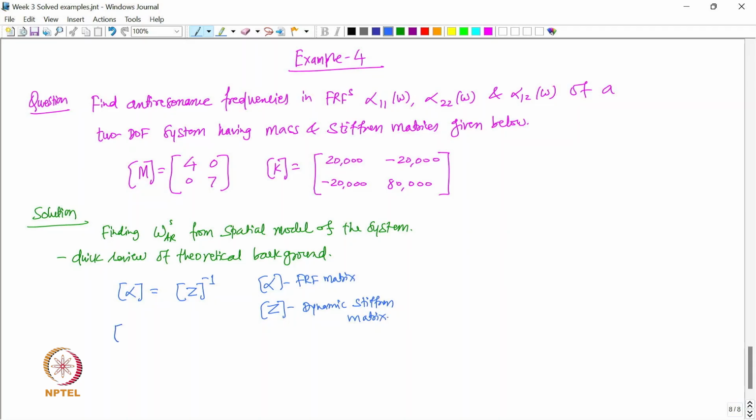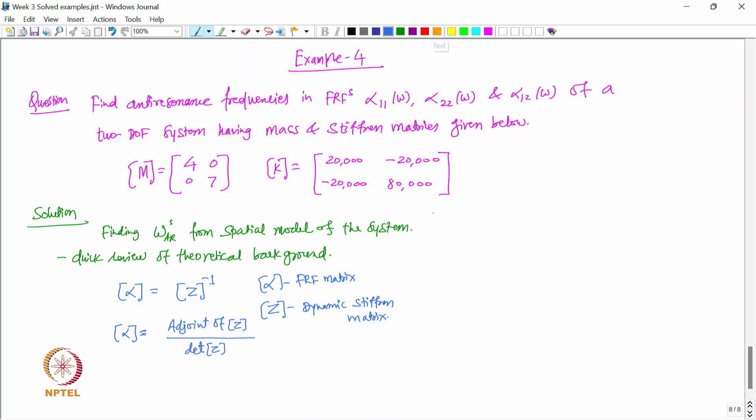And now, by definition of inverse, from the theory of matrices, we know that it is equal to the adjoint of matrix Z divided by the determinant of Z, right.